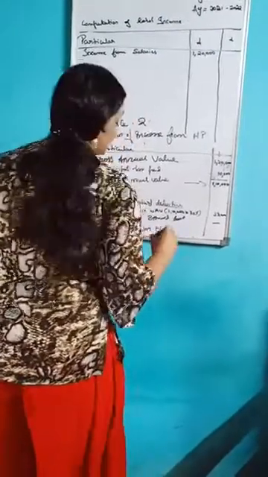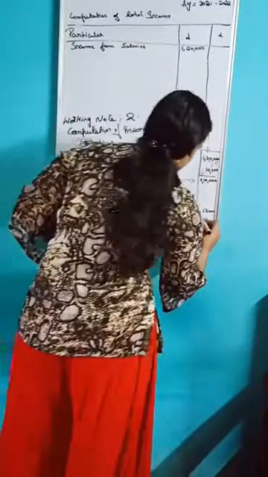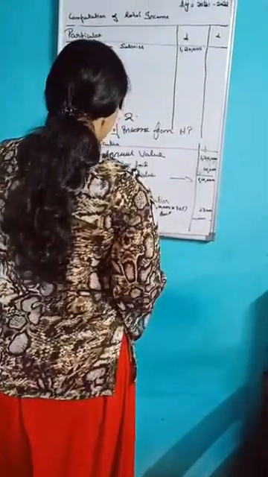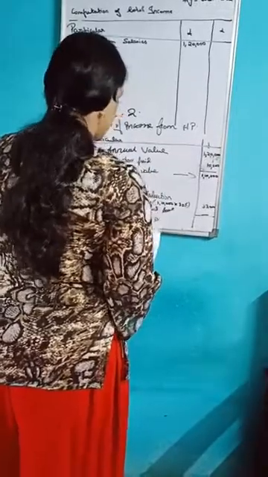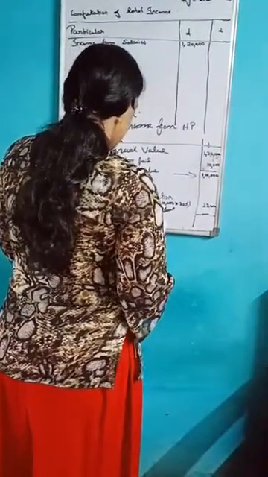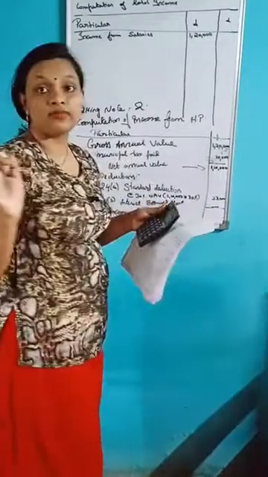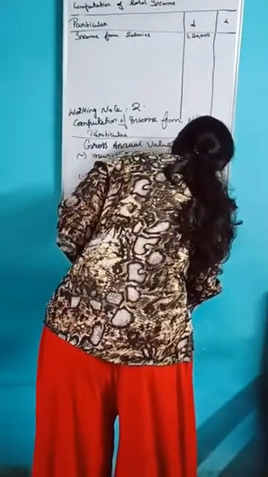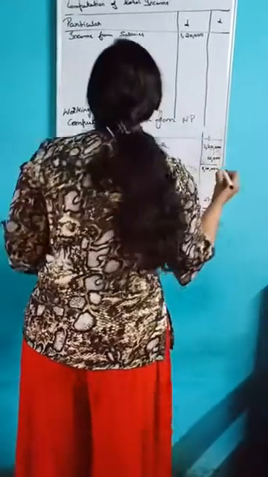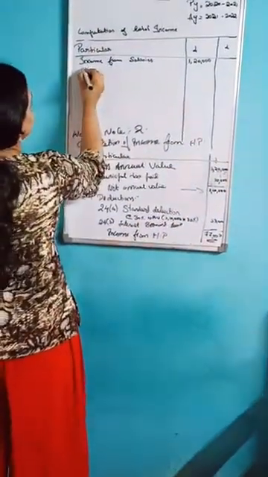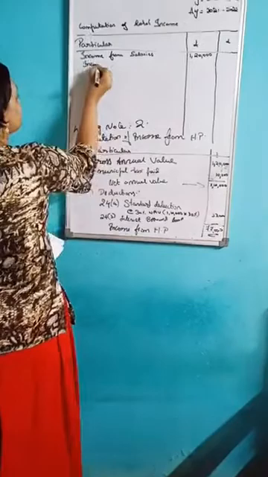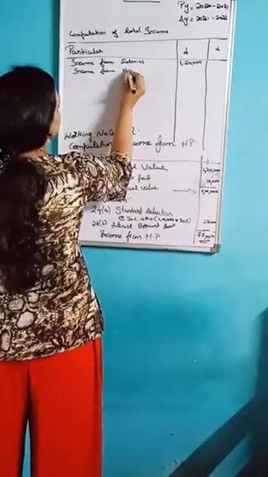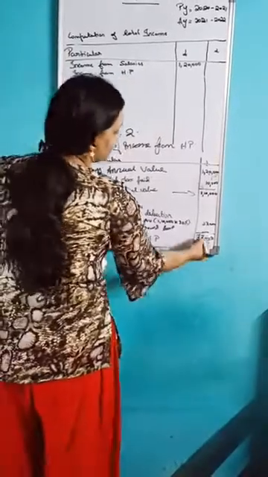So you should minus it: 1,10,000 minus 33,000, you will get 77,000. So write here income from house property, the value you got is 77,000.